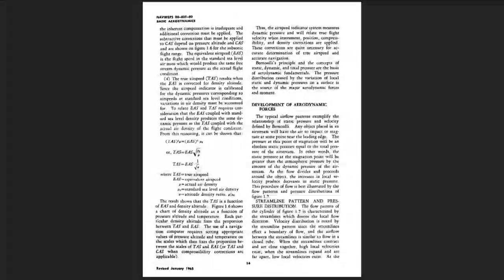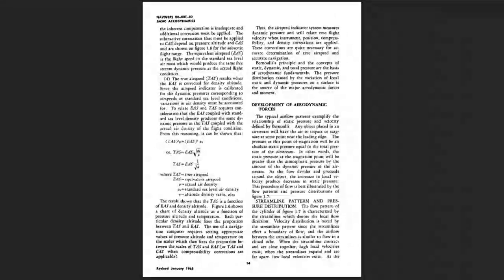Where TAS equals true airspeed, EAS equals equivalent airspeed, lowercase rho equals actual air density, lowercase rho naught equals standard sea level air density, and lowercase sigma equals altitude density ratio, or lowercase rho over lowercase rho naught. The result shows that the TAS is a function of EAS and density altitude.